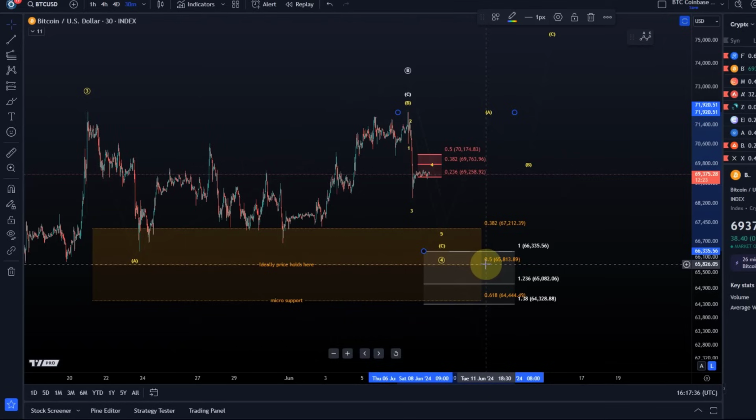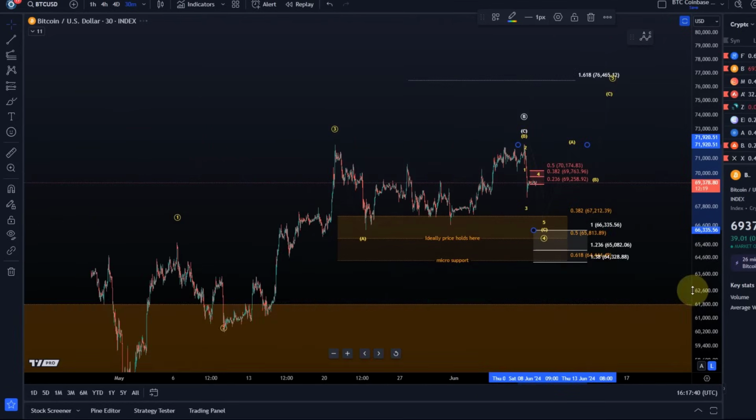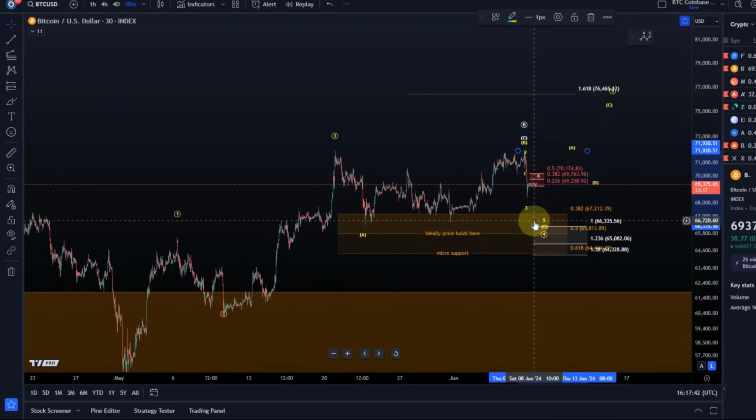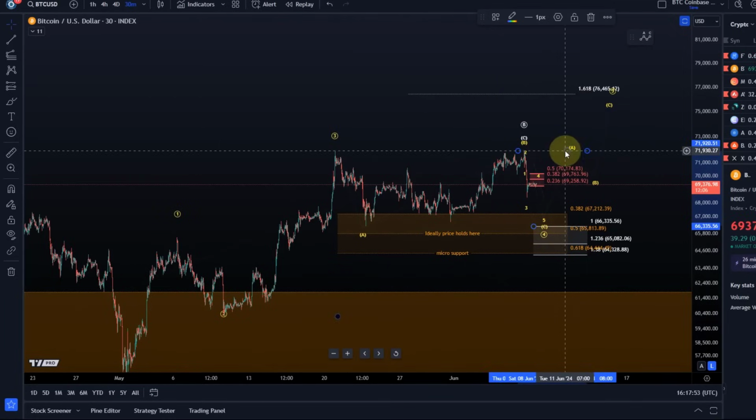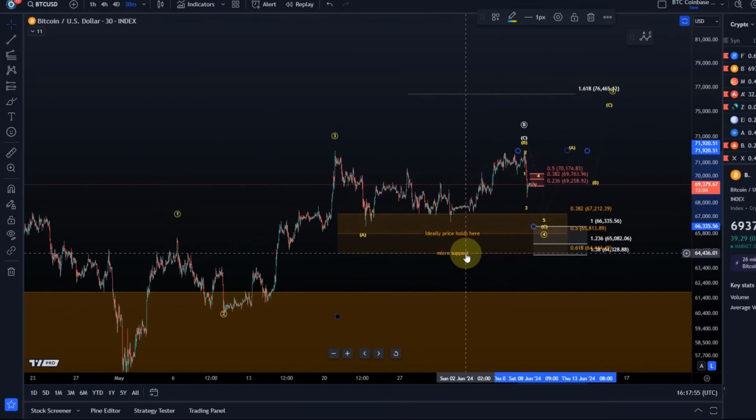Sometimes it happens. If it does, not too much of a problem because we're dealing with a wave 4 in a diagonal. If the wave 4 was part of an impulsive structure, the 50% fib level would be the limit. But because we're in an overall diagonal, at least that is my thesis, I can give it a little bit more space down to the golden ratio level, the 61.8 retracement at 64.4K.